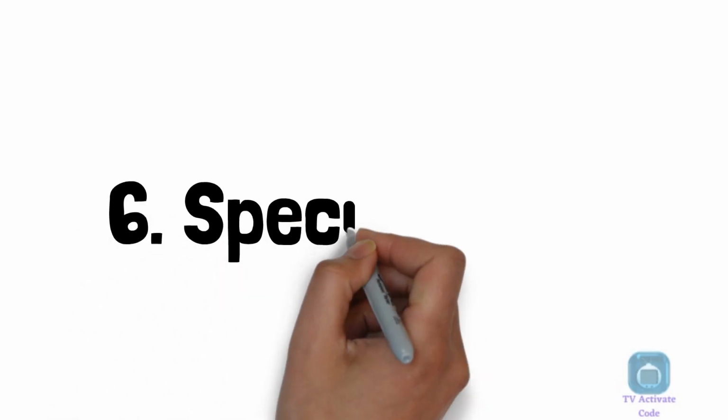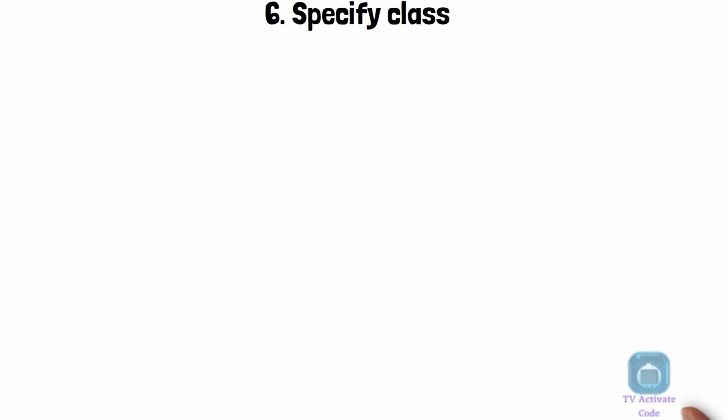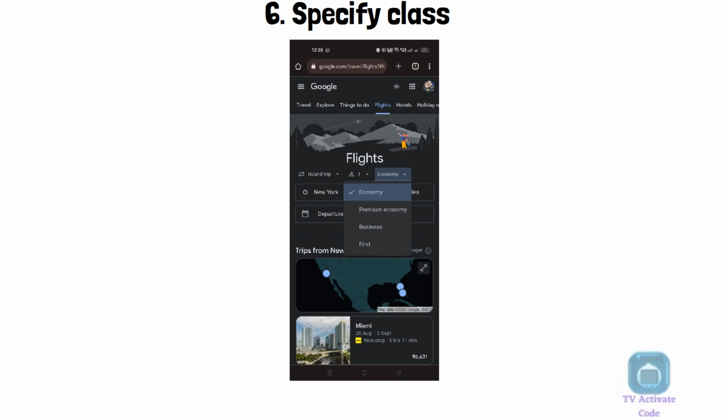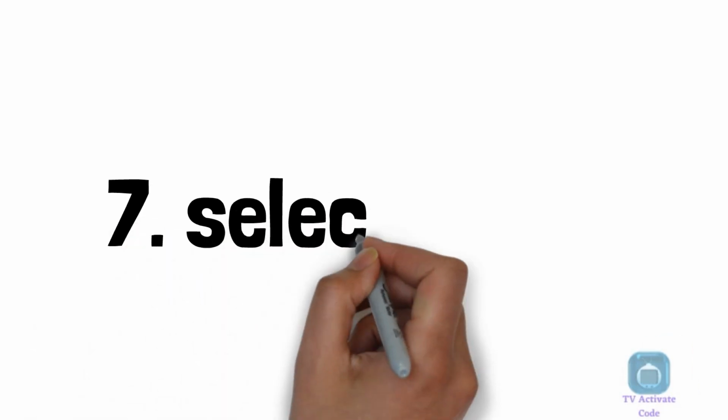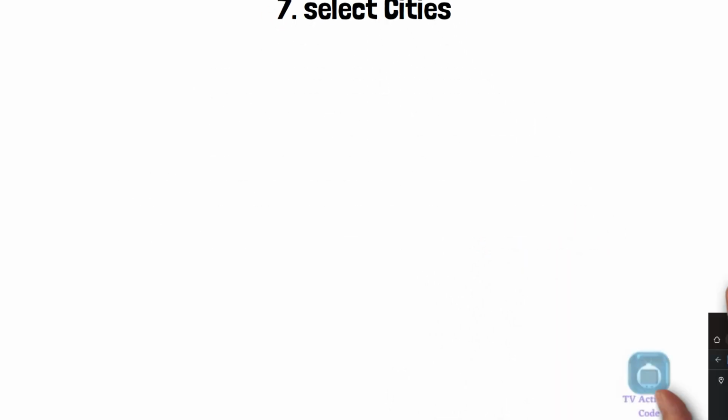Step 6. Next, specify if you want economy, premium economy, business or first class tickets. Step 7. Now, select the cities you want to travel to and from.